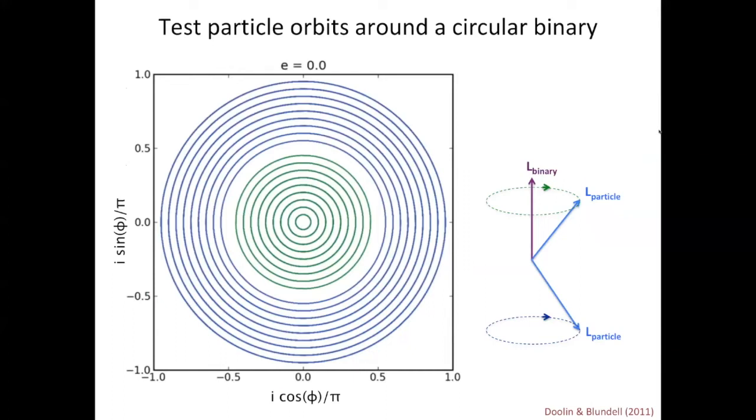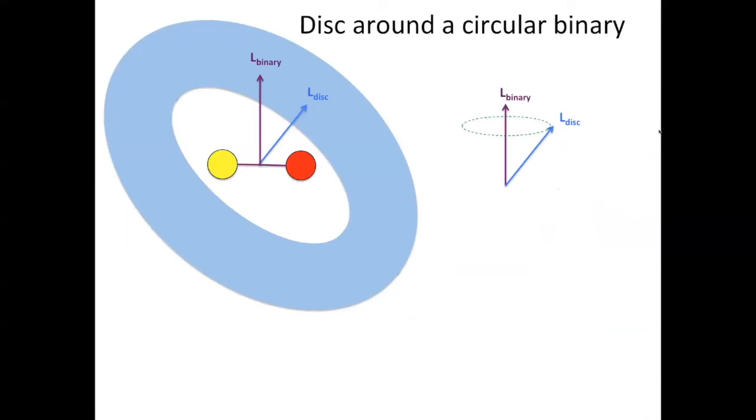Now, the timescale for the precession depends upon the orbital radius of the test particle from the binary. The farther away the particle is, then the slower the precession. Now, if instead we have a circumbinary disk around a circular orbit binary, again, it undergoes retrograde nodal precession. However, because of dissipation within the disk, the inclination gradually decreases and the disk moves towards coplanar alignment to the binary orbital plane.